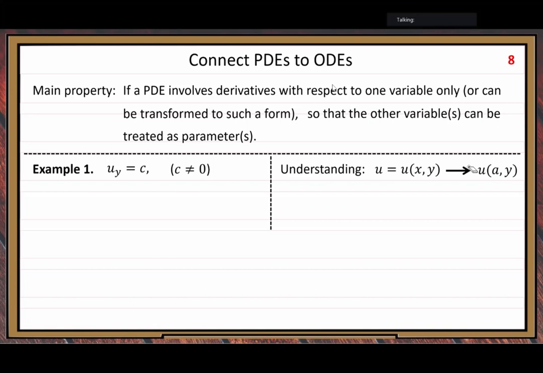Then when we take the partial derivative with respect to y, we can write it as the ordinary derivative, du over dy.